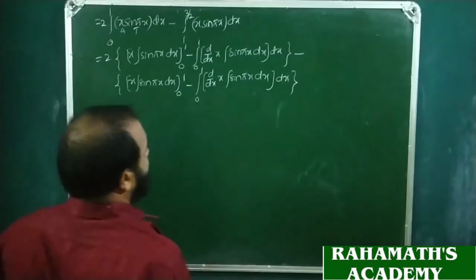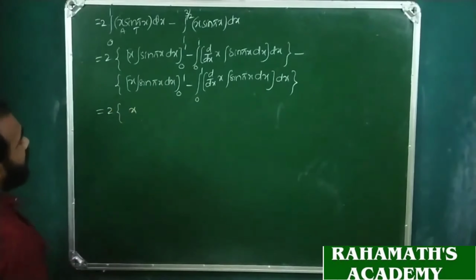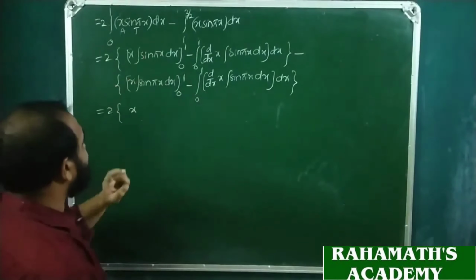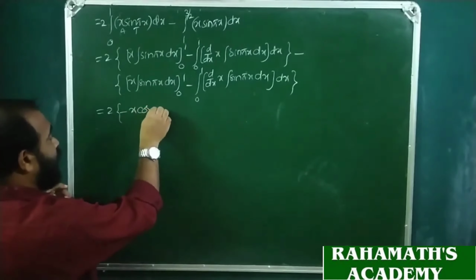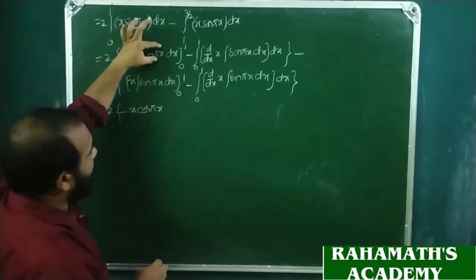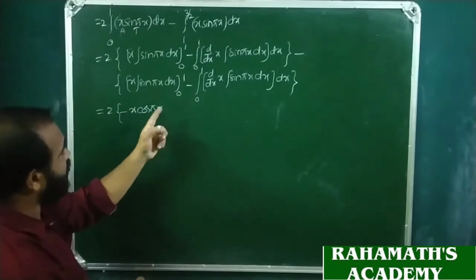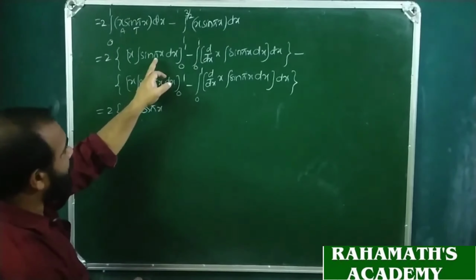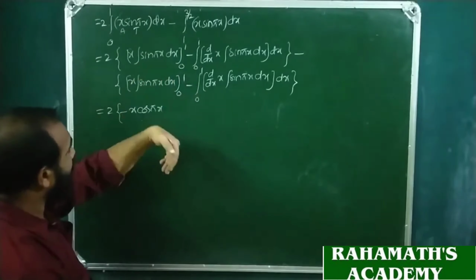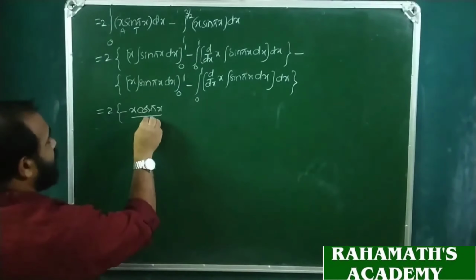So over 2 into x integral sine pi x, let us take this to be x. Integral sine x is minus cos pi x by d by dx of pi x, because this pi x we have treated it to be x. So sin x derivative is minus cos x, by whichever that is taken as x, we need to differentiate it at the denominator, into d by dx of pi x is pi.